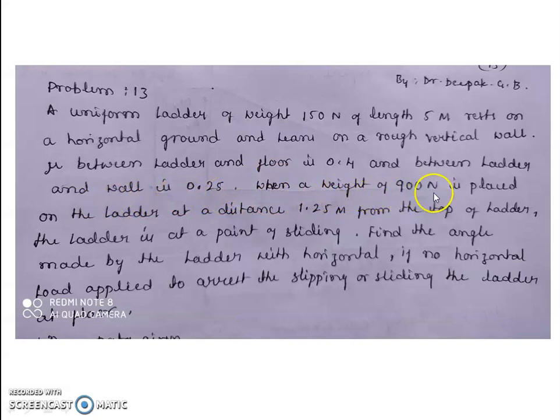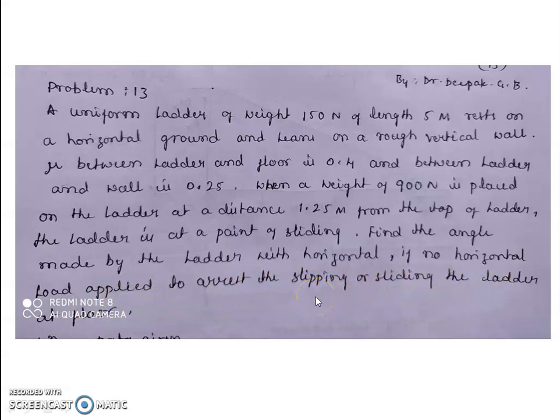When a weight of 900 Newton is placed on the ladder at a distance 1.25 meter from the top of ladder, the ladder is at a point of sliding. Find the angle made by the ladder with horizontal, if no horizontal force or load is applied to arrest the slipping or sliding of the ladder.